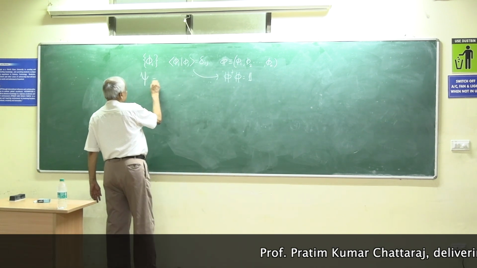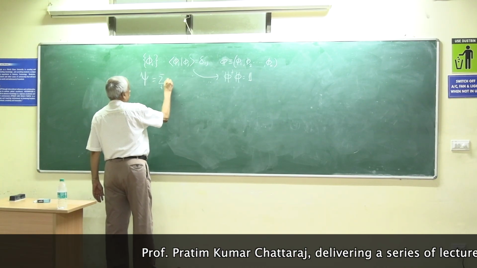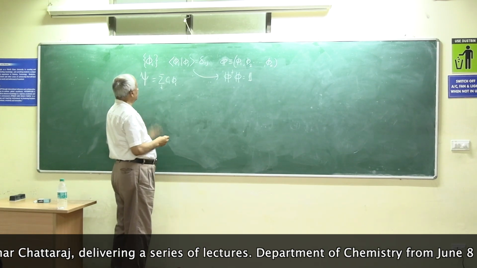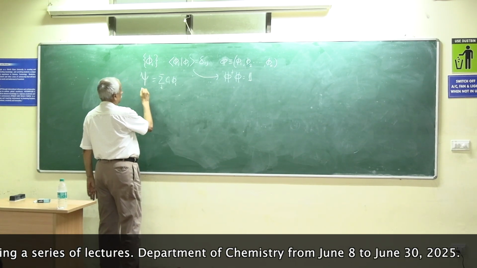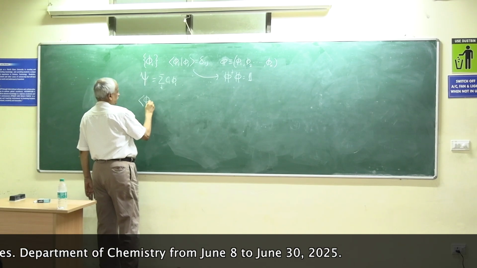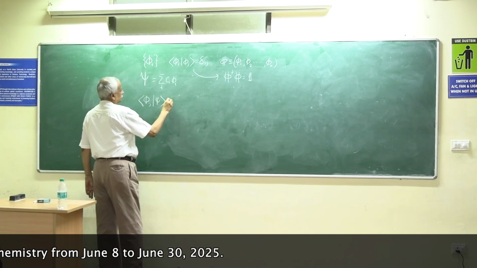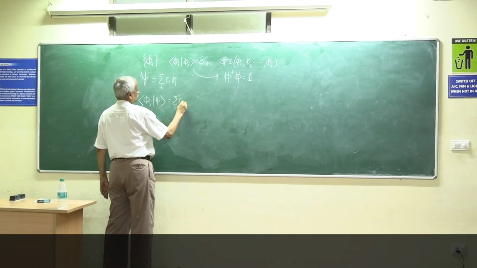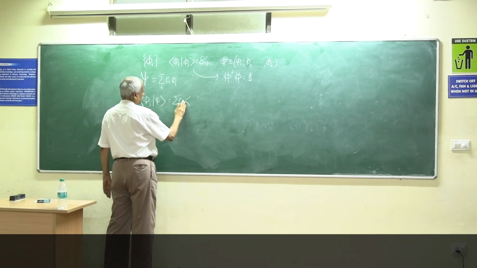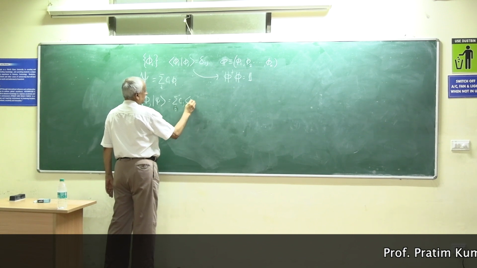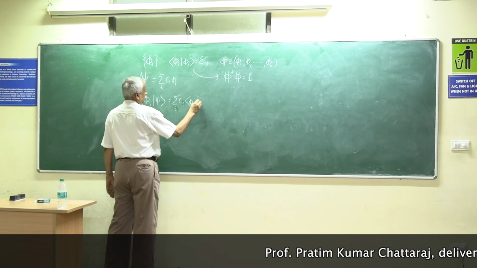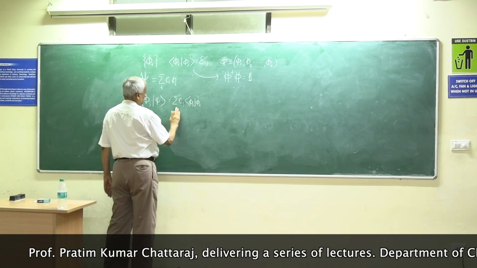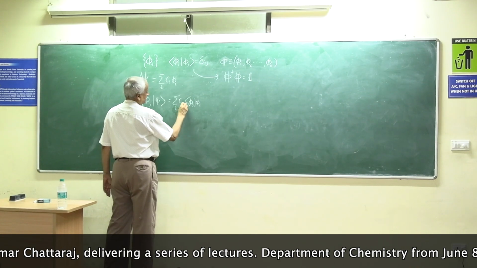Now, if this is complete, then psi is the sum over i of Ci phi i. And how do you calculate this Ci? If I take phi j star and psi, that gives the sum over i of Ci, where i is a dummy index, phi j phi i.